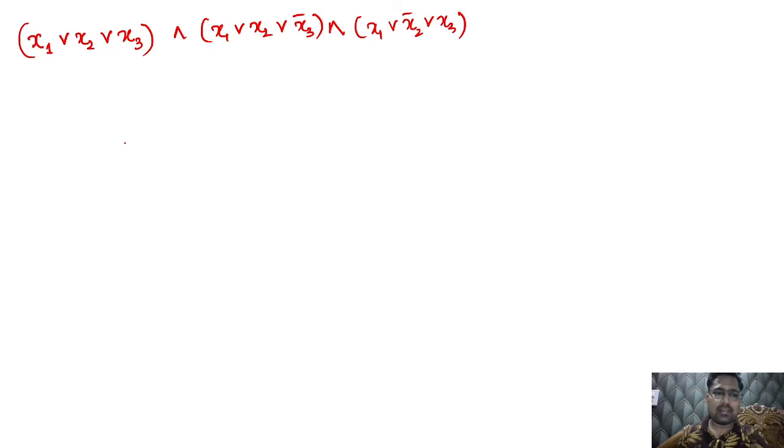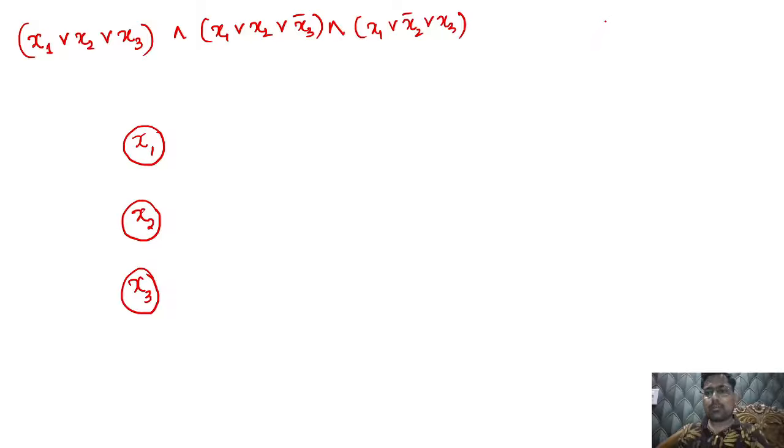This is our 3 SAT. How do we complete it? First, remember X1. I'm converting X1 as a node. We first convert this Boolean expression to a graph. This is step 1: Boolean expression to graph.